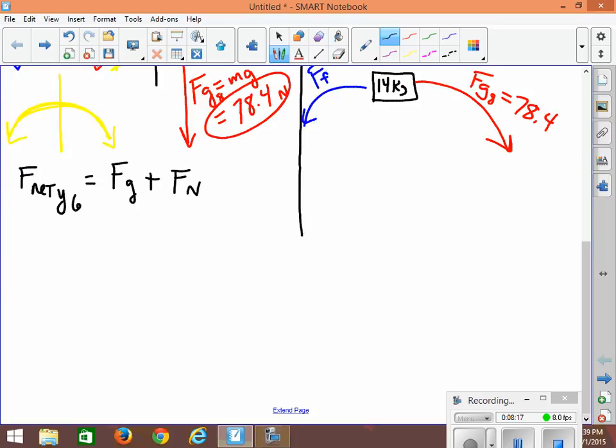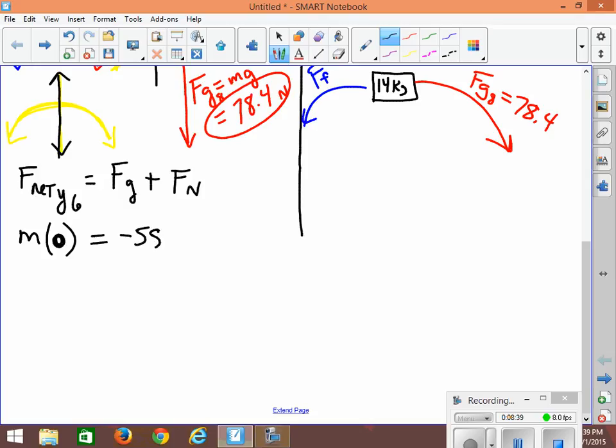That block is only going to move sideways, isn't it? Which means that its acceleration in the y direction, the up and down direction, has got to be 0. And then the gravity force that was acting on it, we saw was 58.8. And it's a downward force.